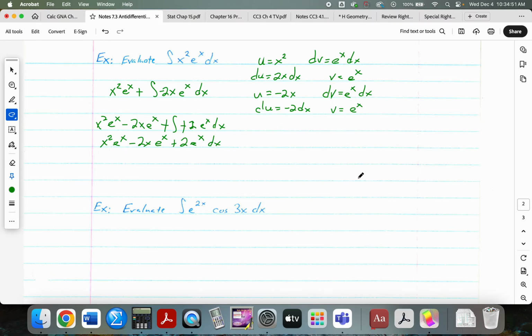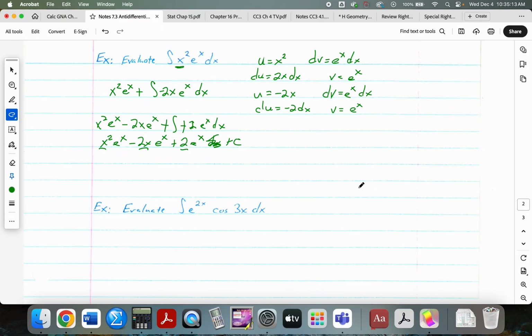Now, I want you to notice on this, no dx, plus c. I want you to notice that we started with the polynomial x squared, and look what we've got here: x squared, 2x, 2. Those are just the derivatives, right?